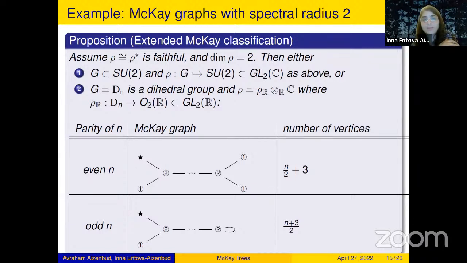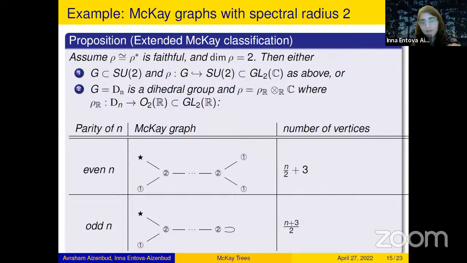So in that case, we can actually say something about G and about rho. So either G would be a subgroup of SU2 and rho the corresponding two-dimensional representation, or G would be the dihedral group and rho would be the corresponding two-dimensional representation coming from the real plane.